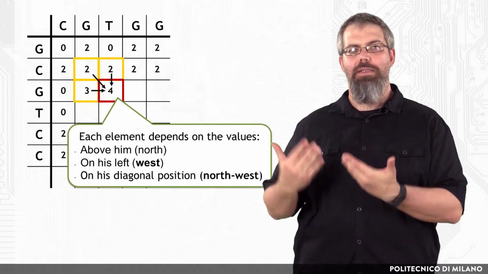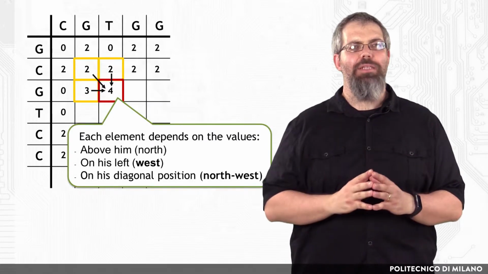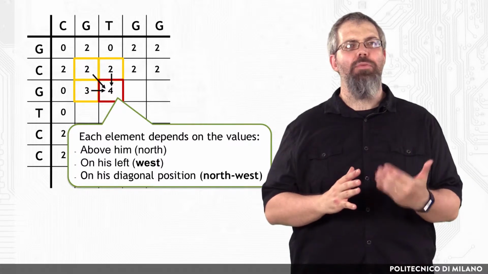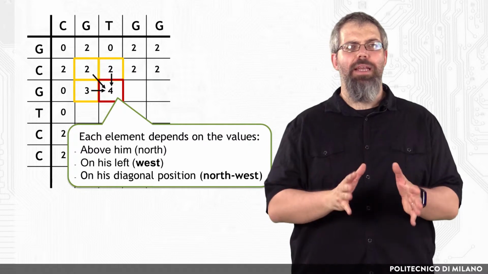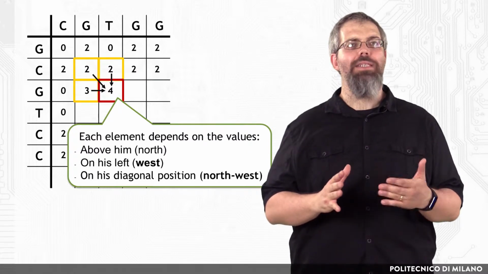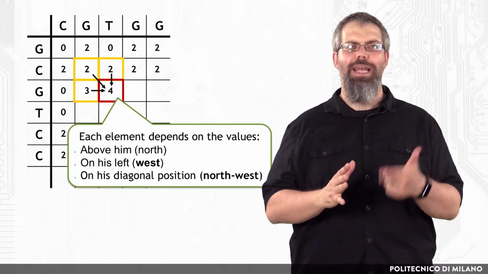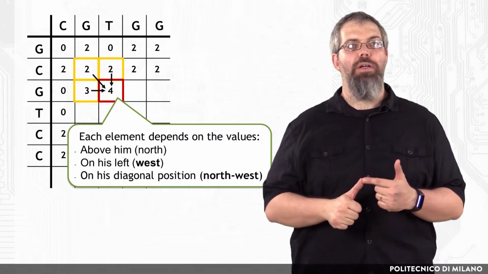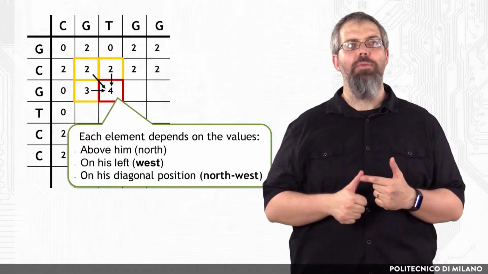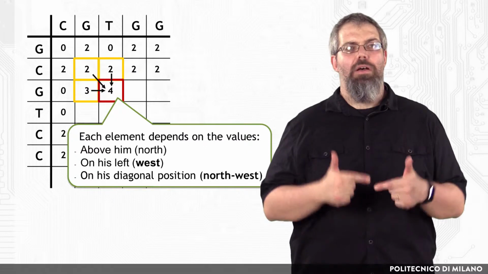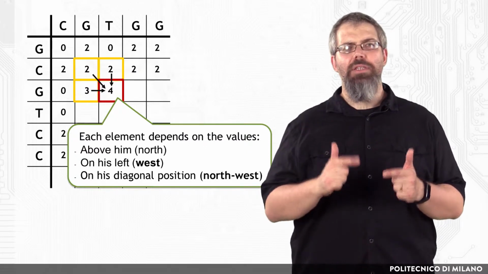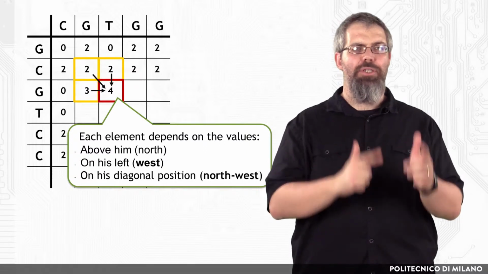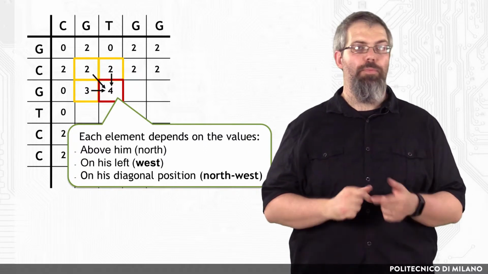As an example of matrix calculation, we can consider the one in the figure. For each element of the matrix, it is necessary to compute its 3 dependency values first. The dependency values we are referring to are the ones highlighted in yellow in the figure and are the value above the current one, or north value, the value on the left of the one we are considering, or west value, and the value that is positioned in the upper left position, or northwest value.